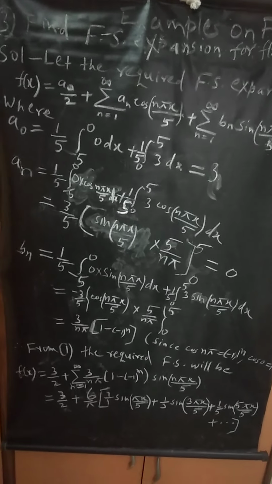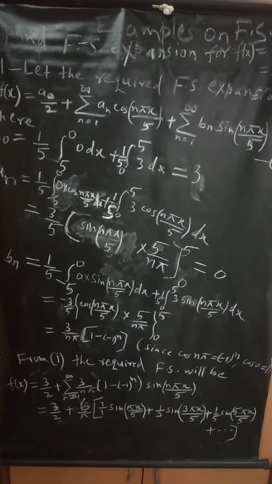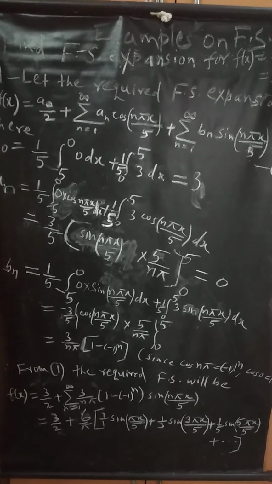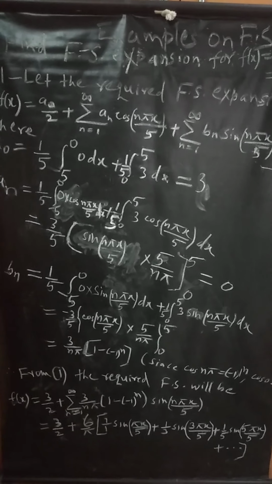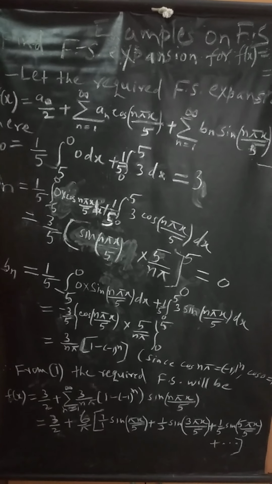If we put the values of n and expand this series, we finally obtain the Fourier series expansion as f(x) = 3/2 + 6/5.